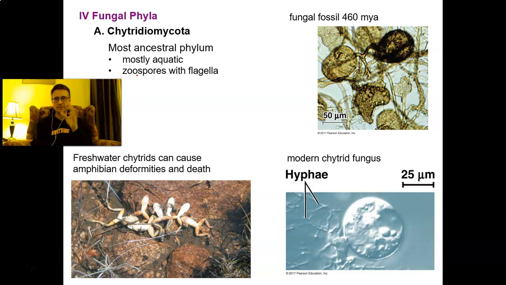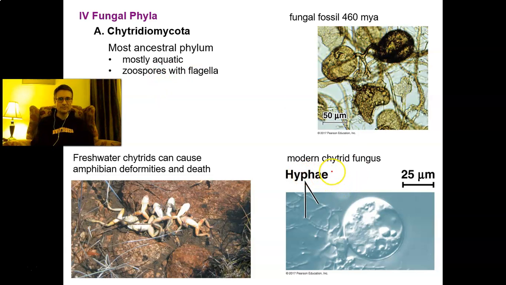They were small structures, but they couldn't actually move themselves. So zoospores are spores with flagella. They're actually capable of propelling themselves through the water. Why else would you need a flagellum on a spore unless the fungus is an aquatic group of organisms? So the Chytridiomycetes, because they're aquatic and because their spores can swim, seem to be more ancestral.